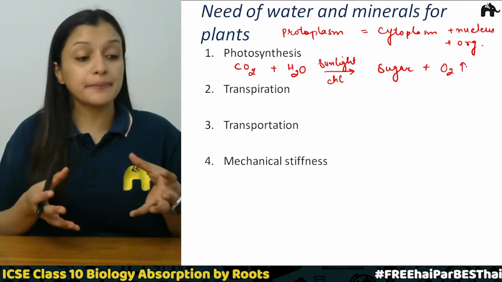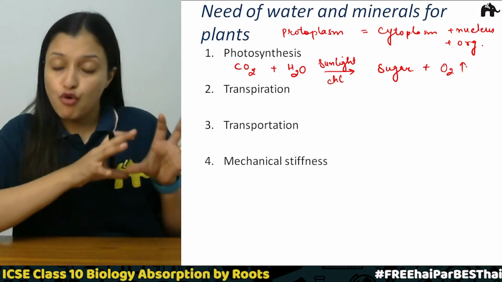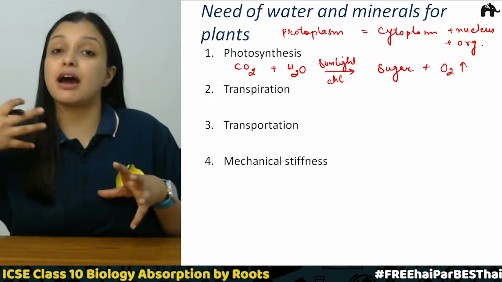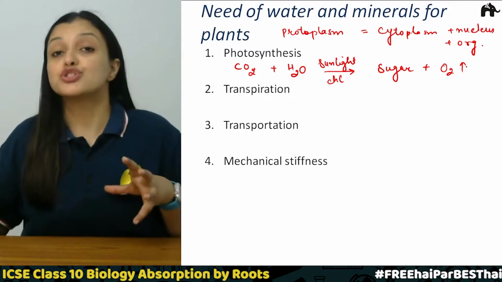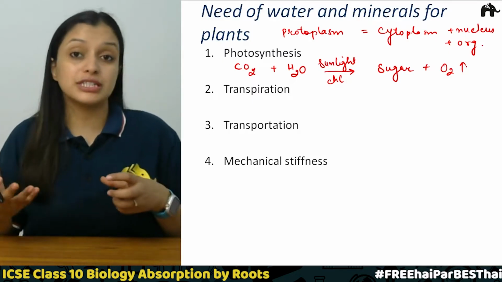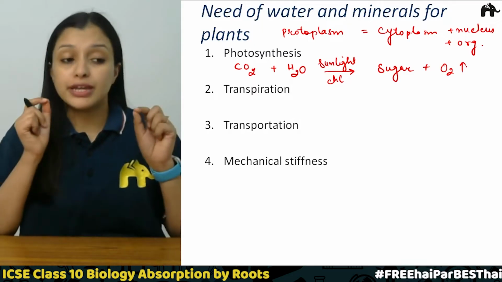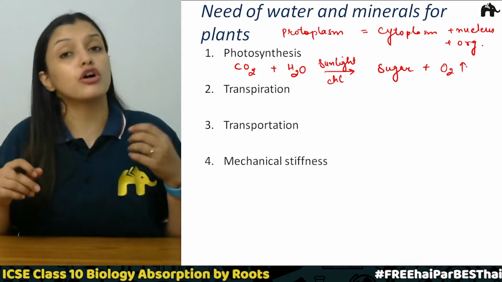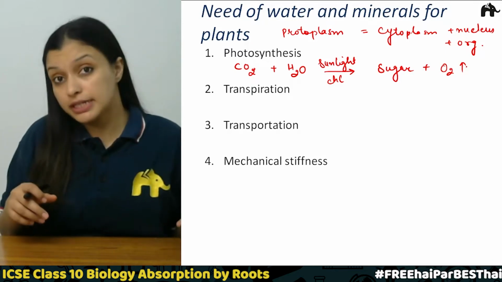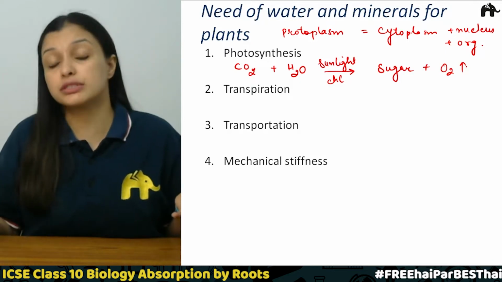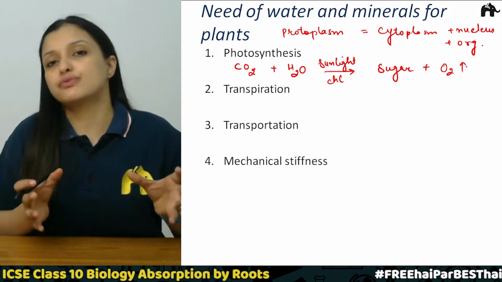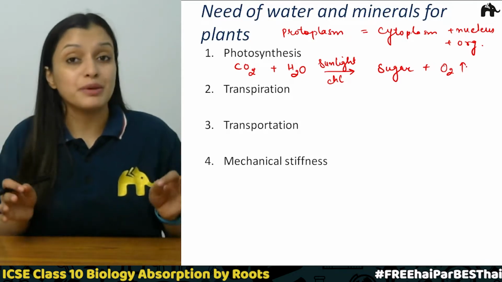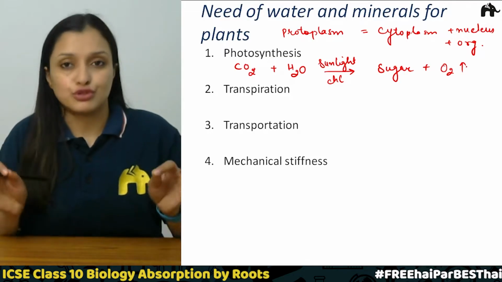So these four raw materials come together and produce sugar, or you can say food, and oxygen gas is released, right? So even if one of them is absent, say sunlight is not there, or the chlorophyll is not there, or carbon dioxide is missing, or the water is missing, this reaction will not move further, right? So water is very much essential for photosynthesis.